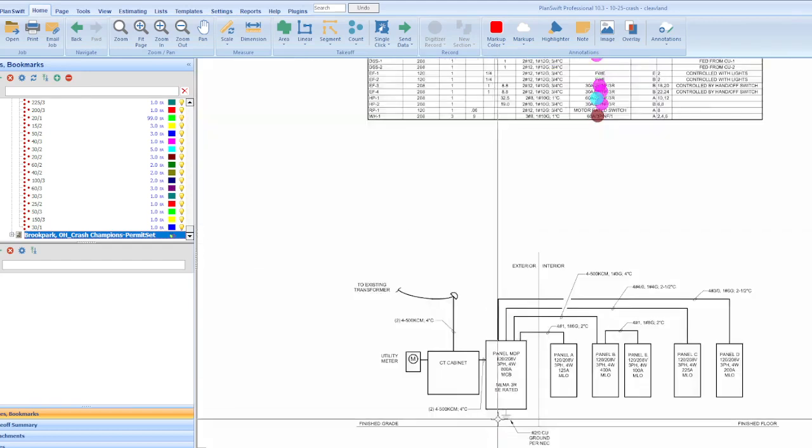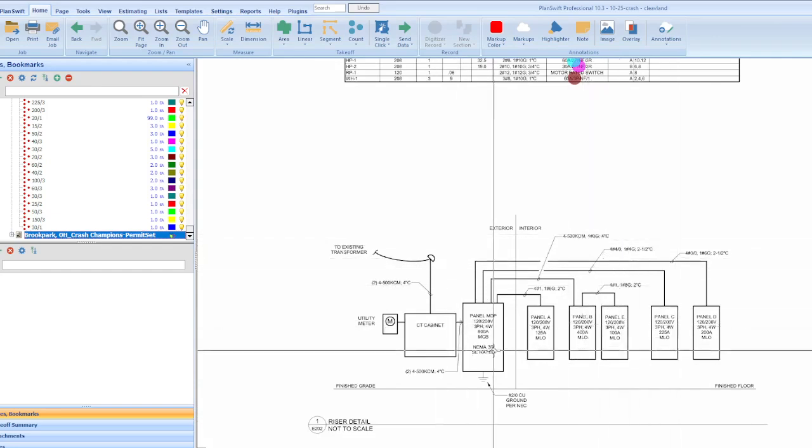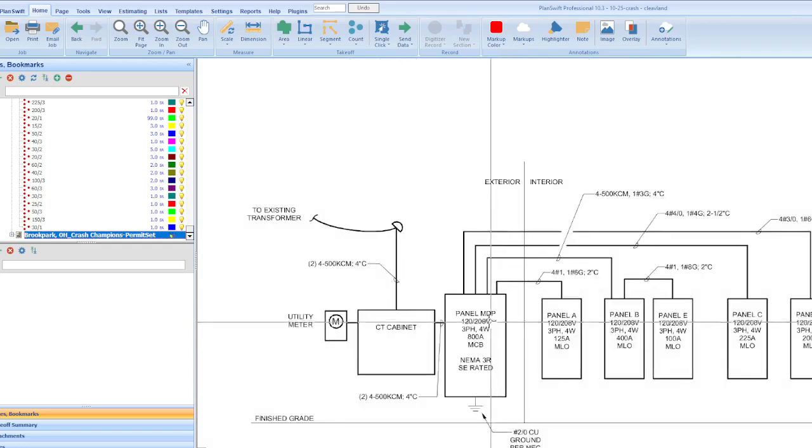Okay, so then for the single line, for all of the feeders, you have to physically go to the power plan. We saw that the main distribution panel was on the outside of the building, so in relation to panel A, I've got to find it. We look here and see the main distribution panel is connected to A, to B, to C, and to D, and it looks like B and E are connected.